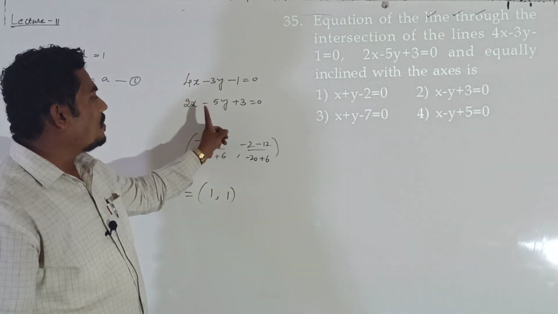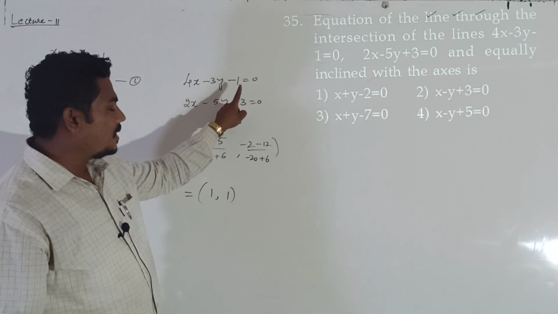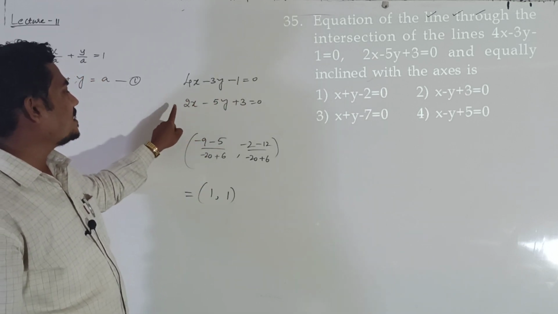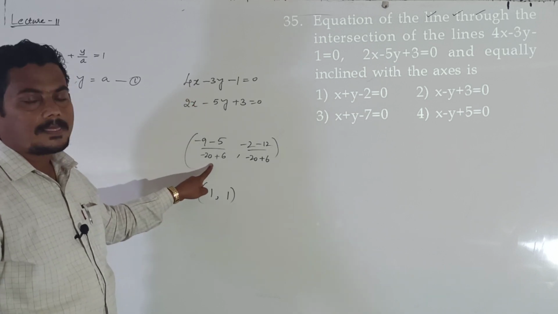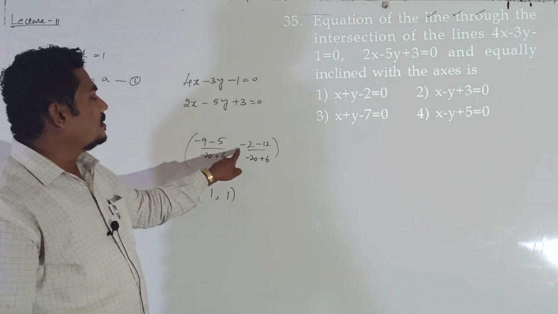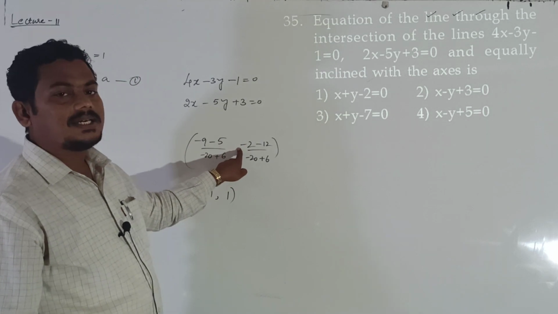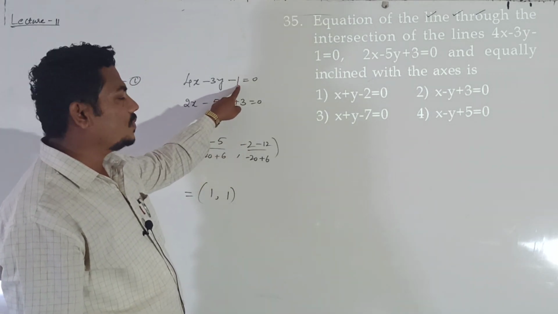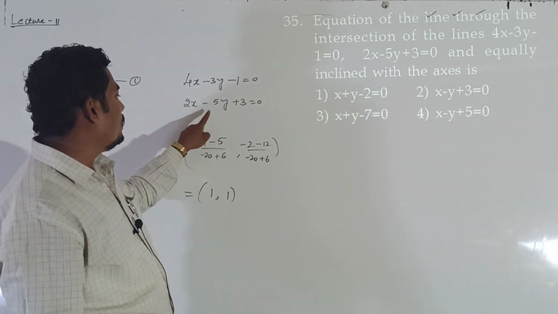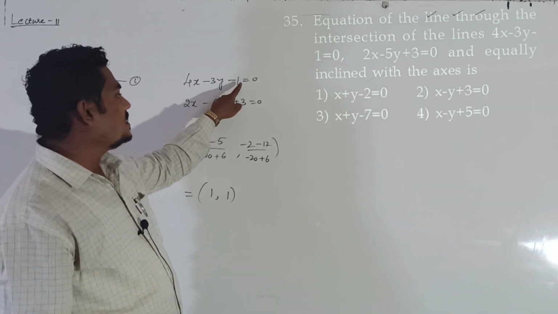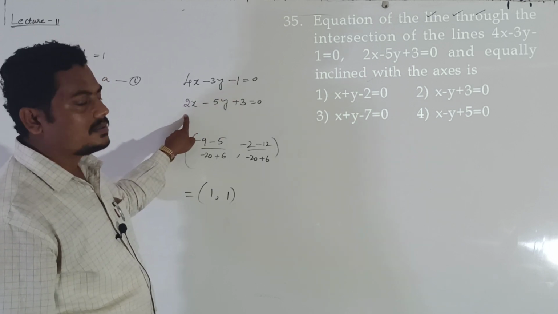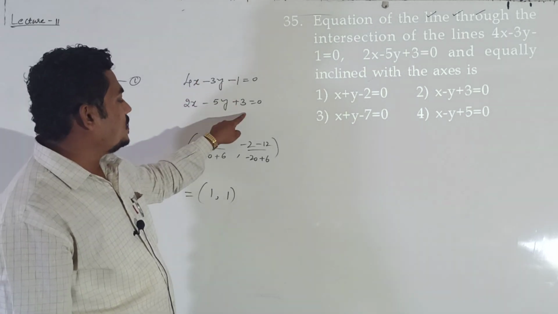The formula is B1 C2 minus B2 C1 divided by A1 B2 minus A2 B1. Then for the y coordinate, C1 A2 minus A1 C2, divided by A1 B2 minus A2 B1.